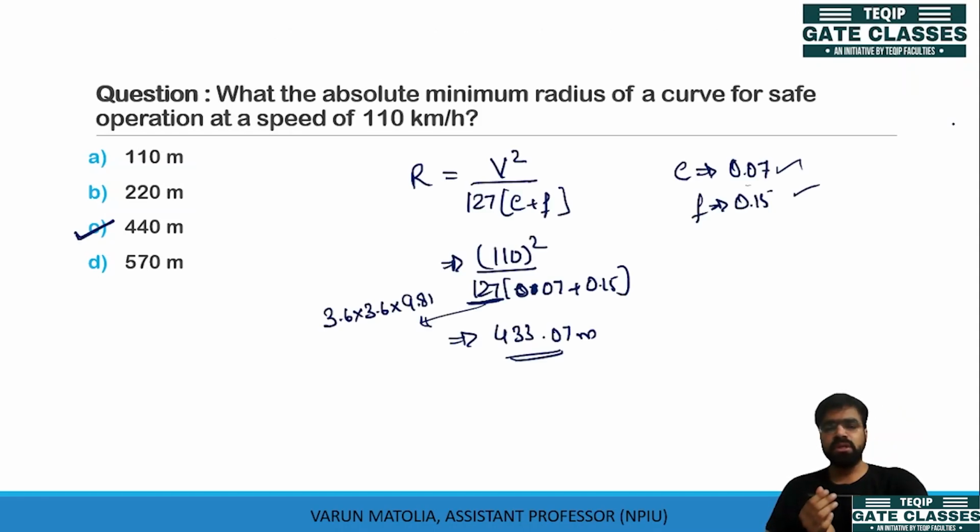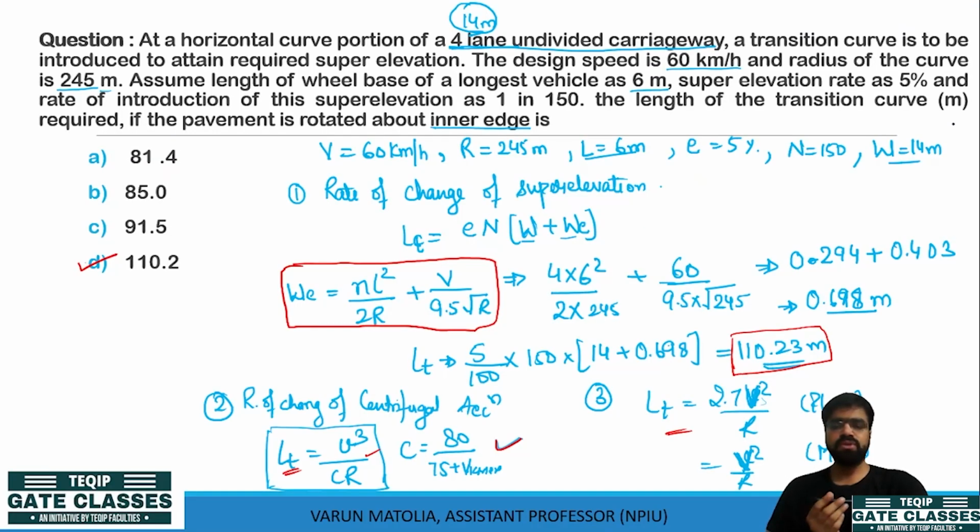In the previous question, we saw the transition curve can be calculated by the rate of change of super elevation, the rate of change of centrifugal acceleration, and the IRC formula. For the rate of change of super elevation, we need quite a few values like super elevation E, extra widening, length of wheelbase, number of lanes, but these values are not provided in this question.